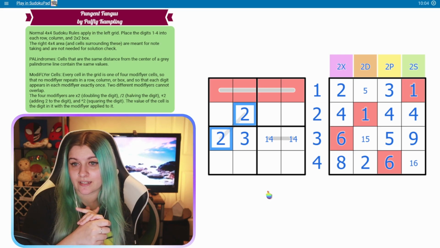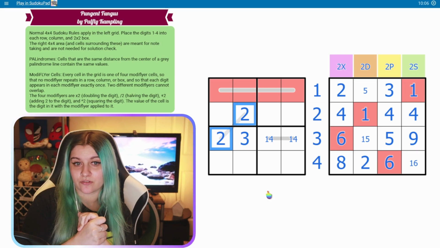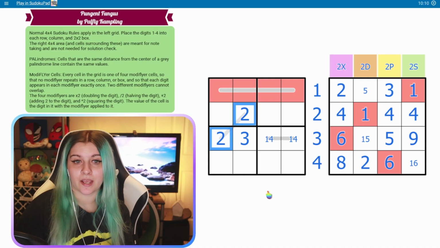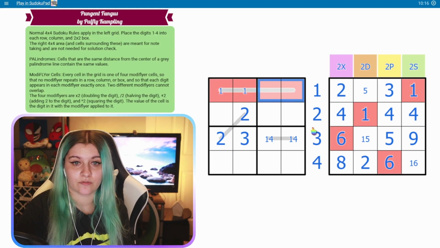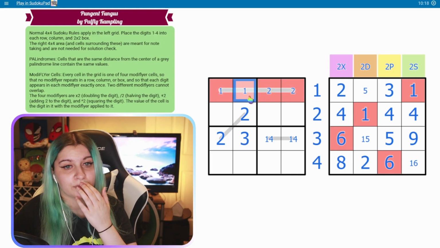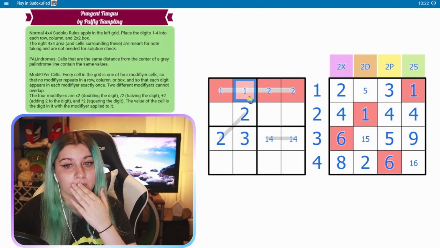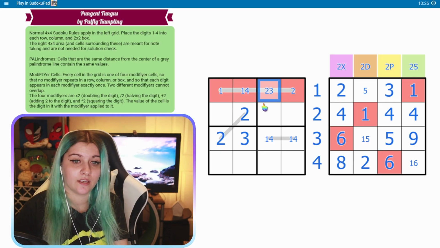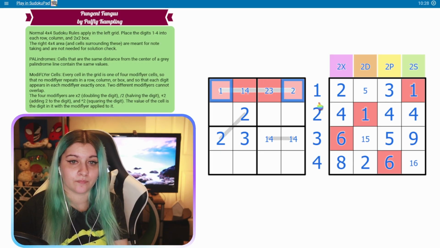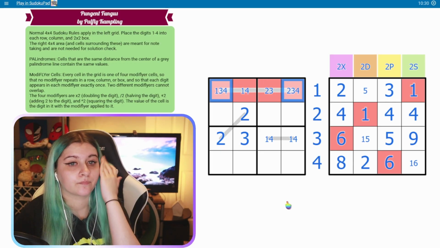I have 2x, I have plus 2, and I have 2 squared. It might come down to what I have left, but it also means 2 is going to be one of these, and 2 matches with 1. So 1's going to be one of these, 2 is going to be one of these. 3 can't go here. 3 and 4 need to go together, so this could be a 4, this could be a 3. But other than that, 3, 4 both work here.